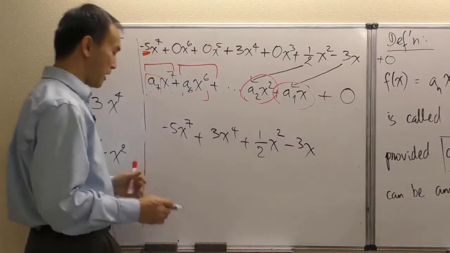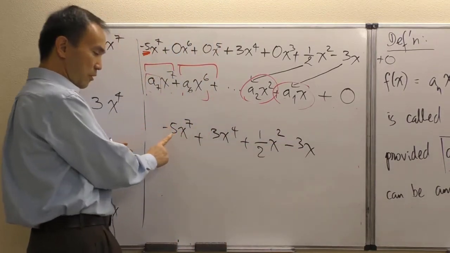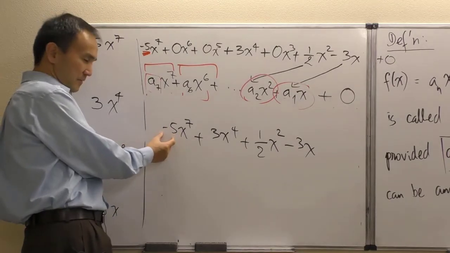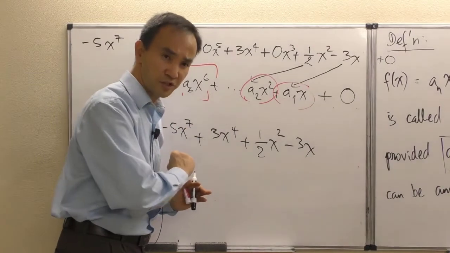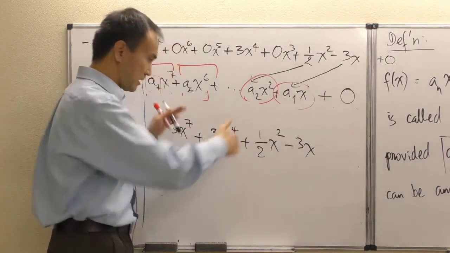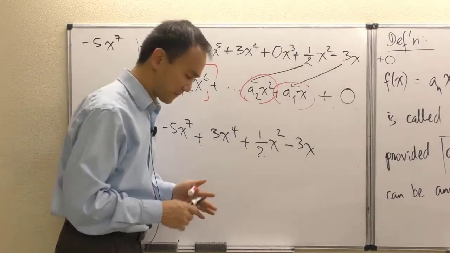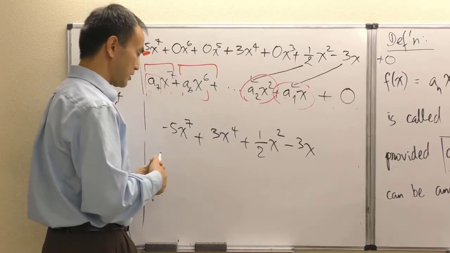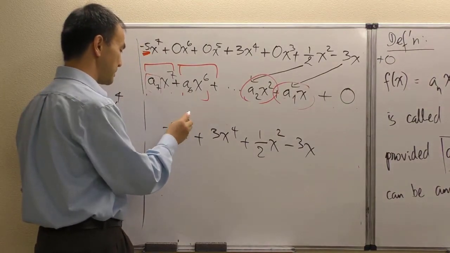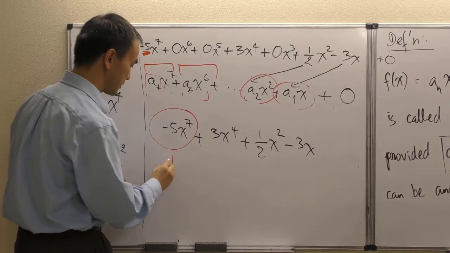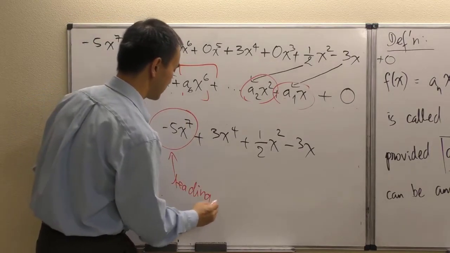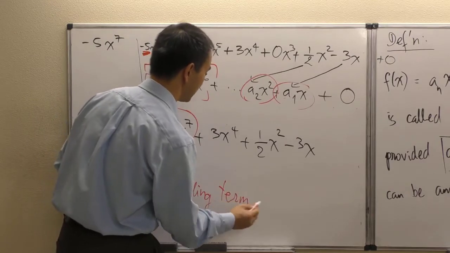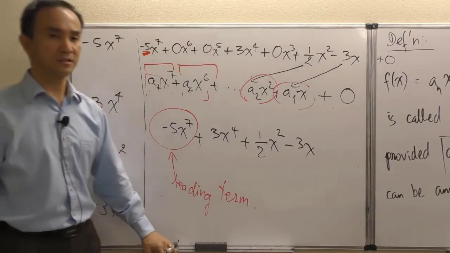This particular polynomial, see, the leading coefficient is negative 5. And this first term right here decides the highest power, which eventually decided for us this polynomial is degree 7. So this entire term being circled here, we call the leading term. All right, that's the leading term.